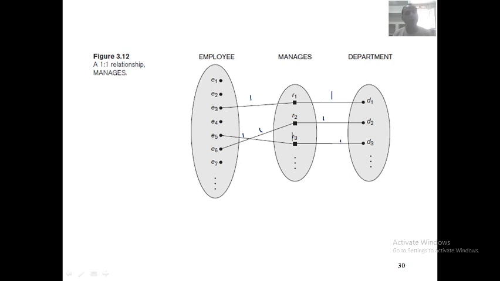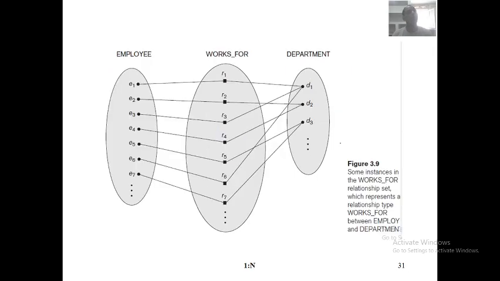Only one employee can manage a particular department. Hence, in each department there will be only one manager. Is it clear now? Understood? Yes, sir. Okay. Now, we'll see another one.